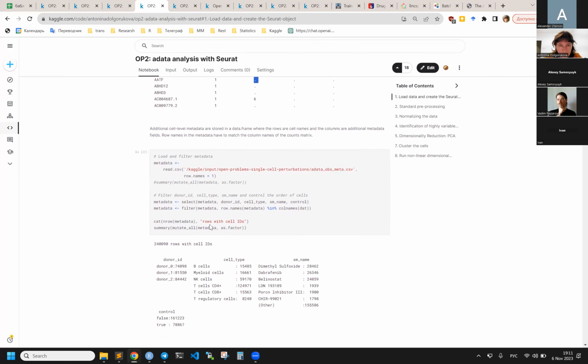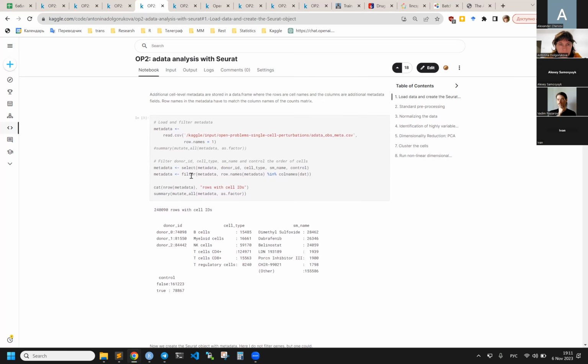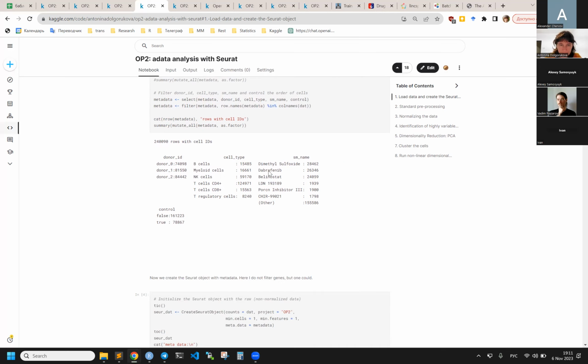So we also load metadata from an additional file. In this competition, we have this additional file with observational metadata in CSV, and we have to load it separately. So we have data on 3 donors, which cell belongs to which donor.